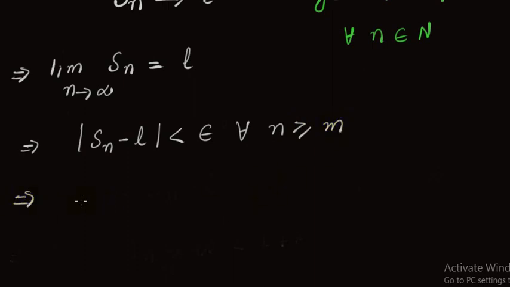Now we can write it as minus epsilon is less than Sn minus L less than plus epsilon for all n greater than or equal to m.